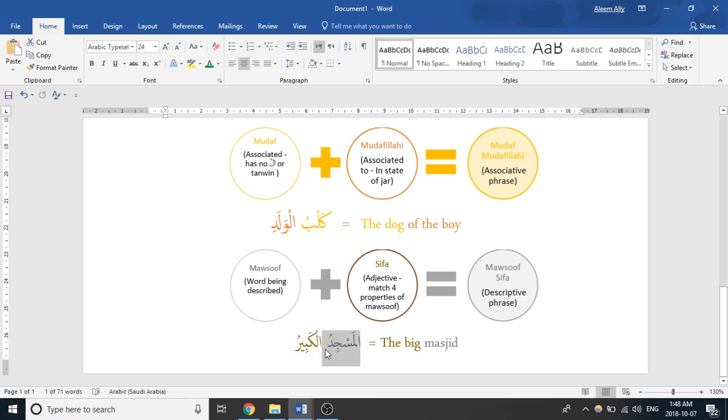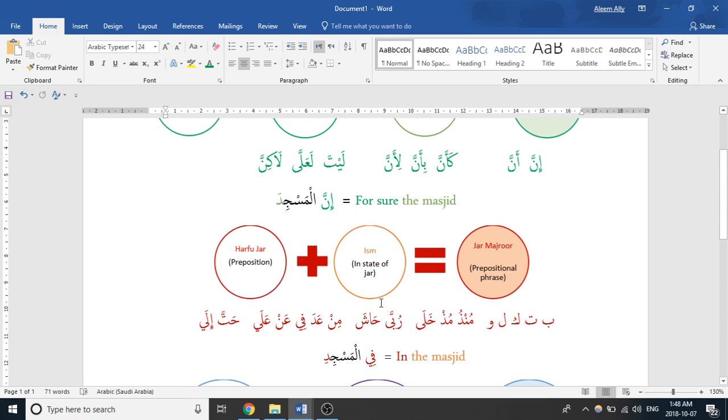And finally, they're both the same number because we don't have anything added on the end. There's no una, ani, ina, atun, atin, tani, taini, none of that stuff, right? And the noun itself is preserved, so we know it's not a broken plural. Nothing's changed inside of it. So we know we're dealing with a mawsuf sifa. So those are the 5 that we learned.